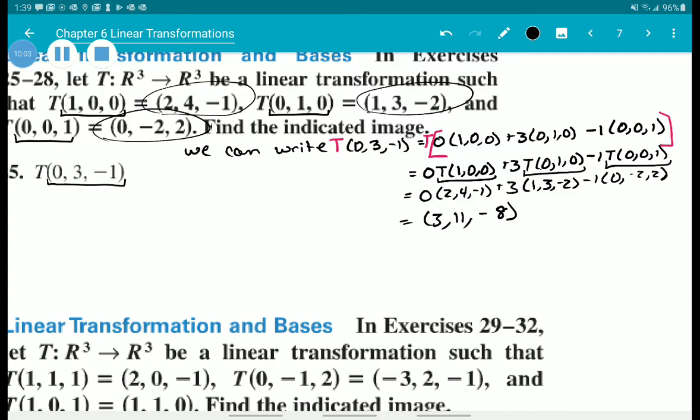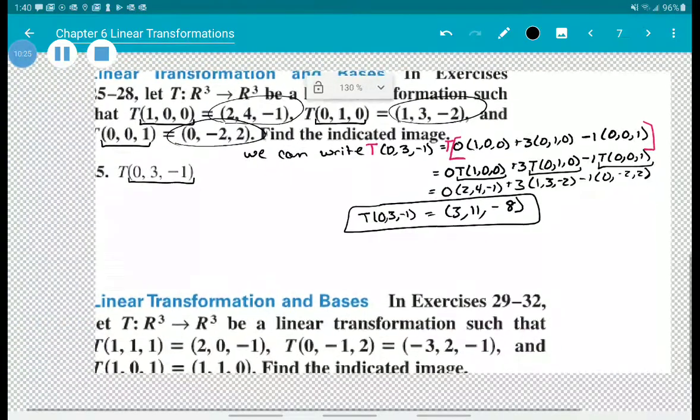So there's our final answer. There's the transformation of 0, 3, negative 1. So it's easy peasy. We can go from one world where we were talking about the standard IJK, apply a transformation to another world, all by using that fourth property.